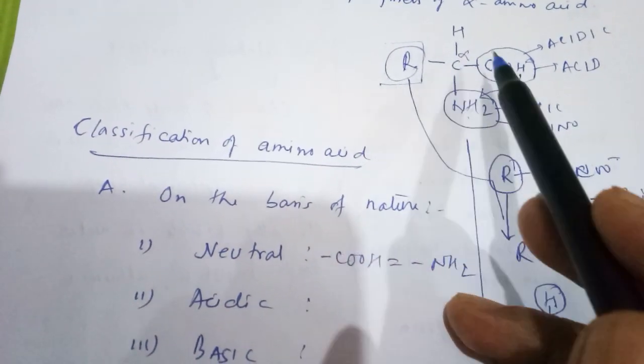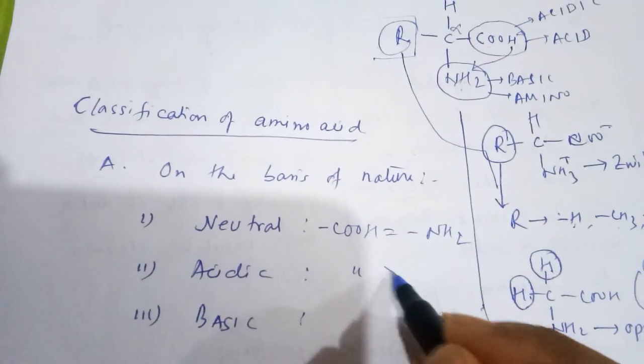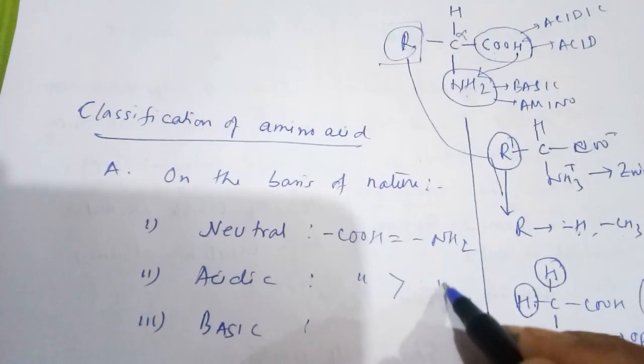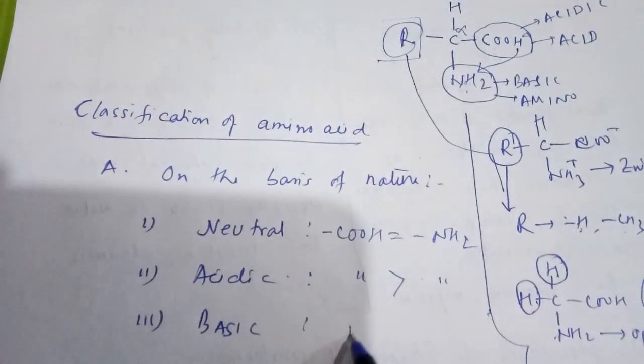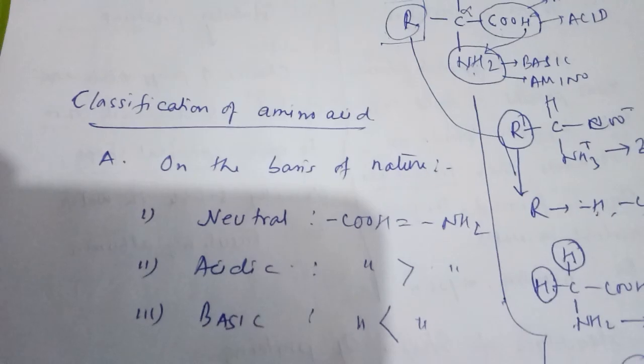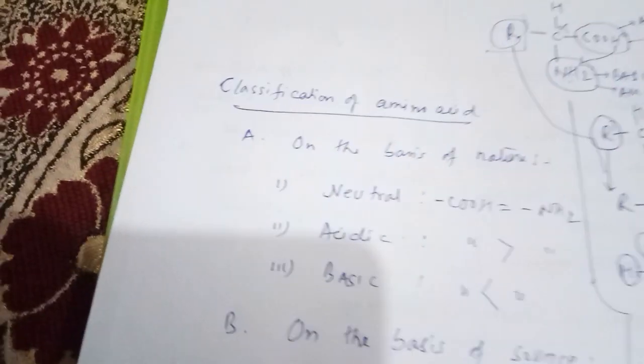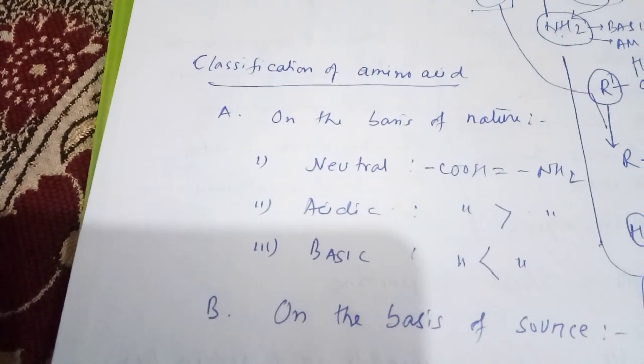If NH2 groups are more than COOH groups, this is basic. So amino acids are divided on the basis of nature.